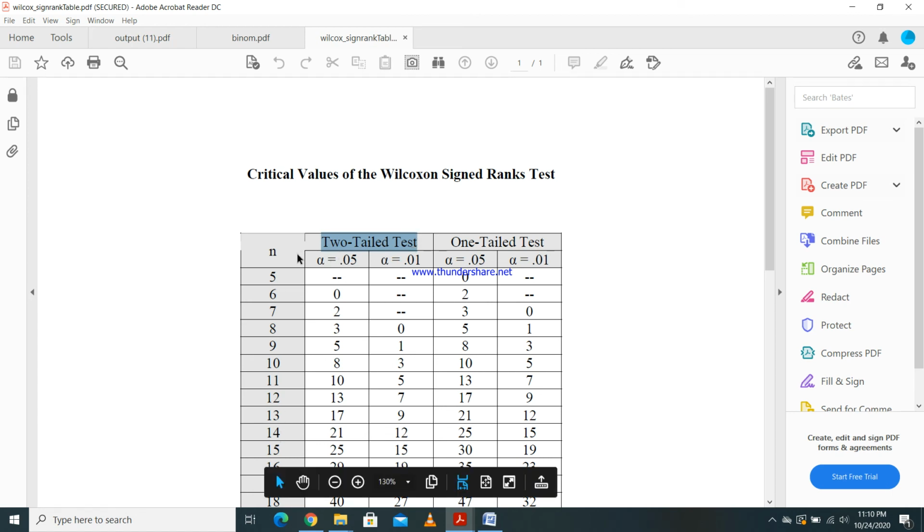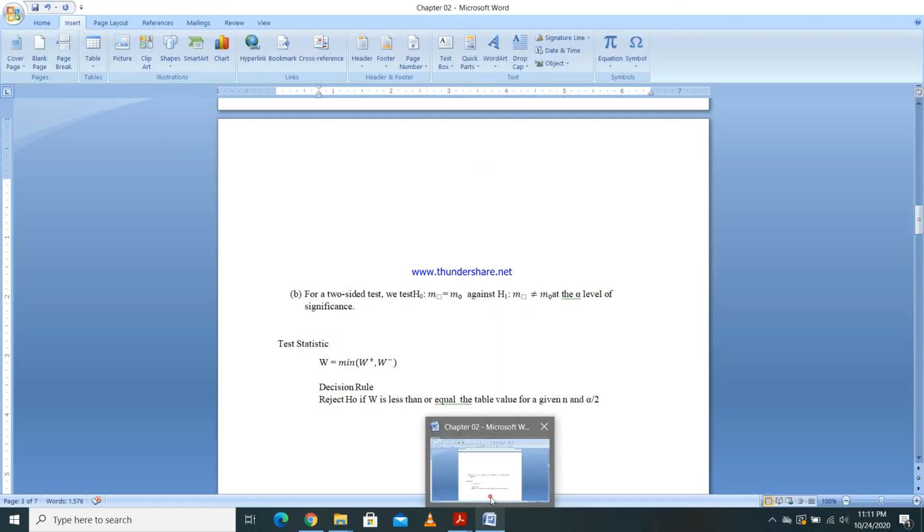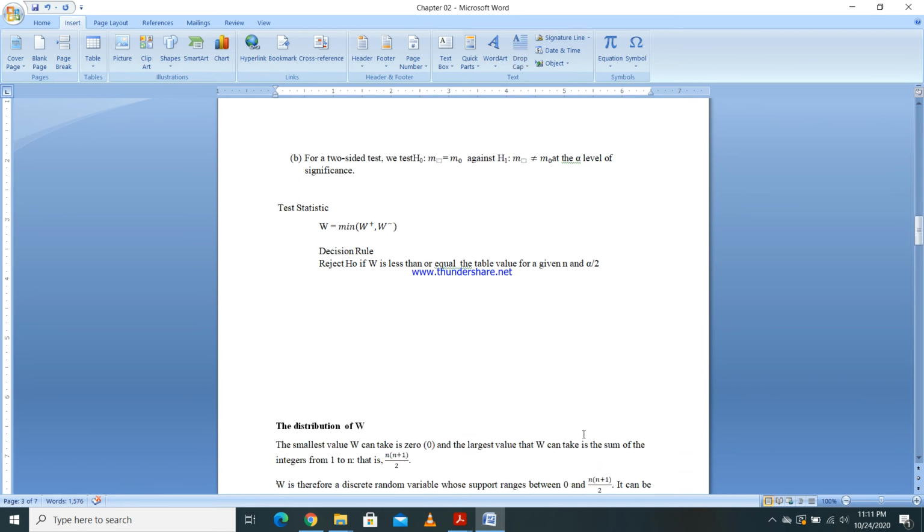But there are some tables where you have only the one-tailed values for many alpha values. In that case, when reading a table value for a two-sided test, you have to divide your alpha value by 2. So this is how we calculate the test statistic and take the decision with the Wilcoxon signed rank test.